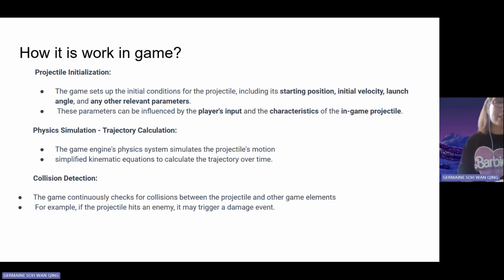Then there is physics simulation: the game engine physics system simulates the projectile motion, using kinematic equations to calculate the trajectory over time. Lastly will be the collision detection, as the game continuously checks for collision between the projectile and other game elements. For example, if the projectile hits an enemy, it may trigger a damage event.